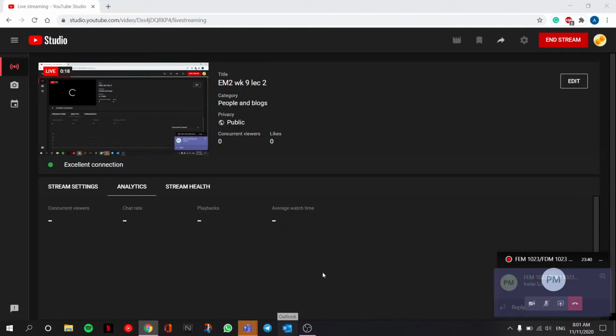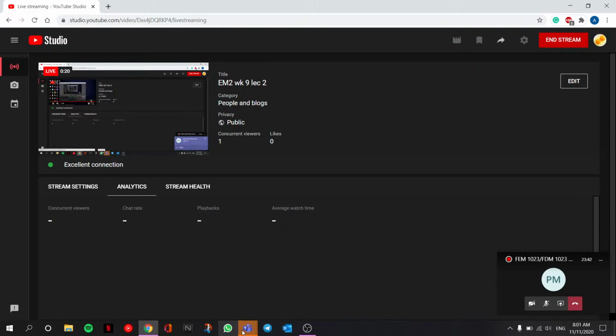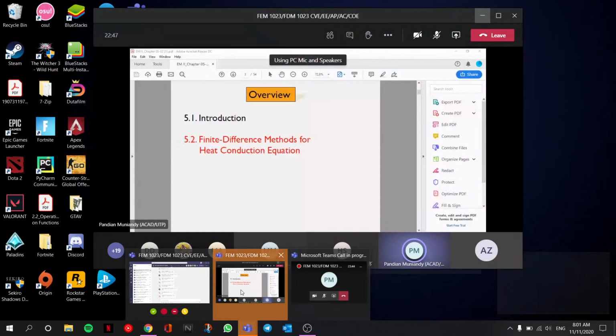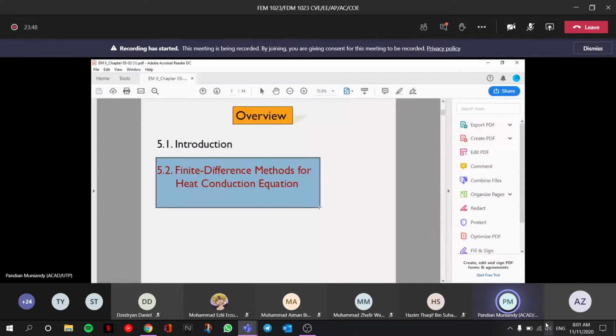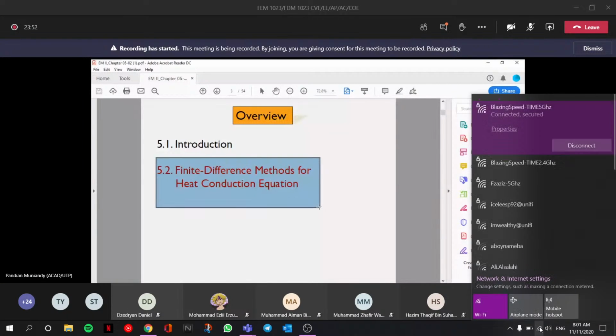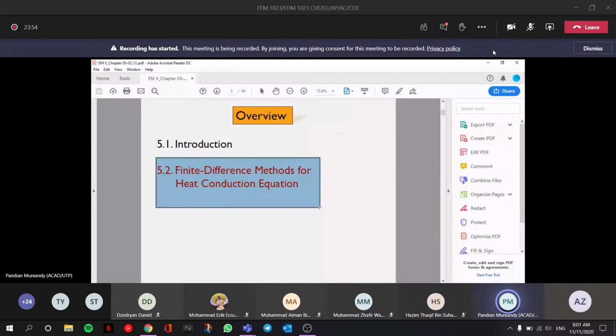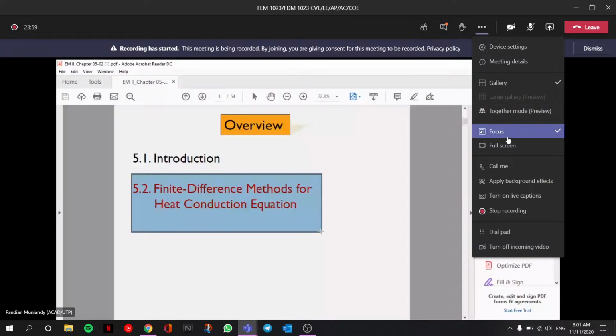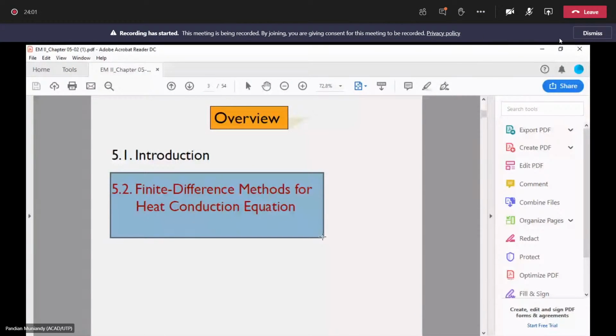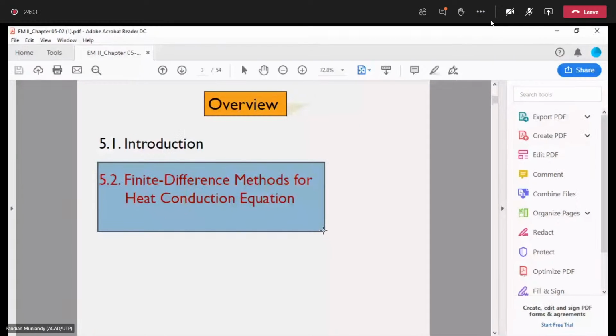5.2. Finite difference method for heat conduction equation. So in the previous lecture, you saw the elliptic type of PDE, partial differential equation. Today we will go into detail about the method, finite difference methods.